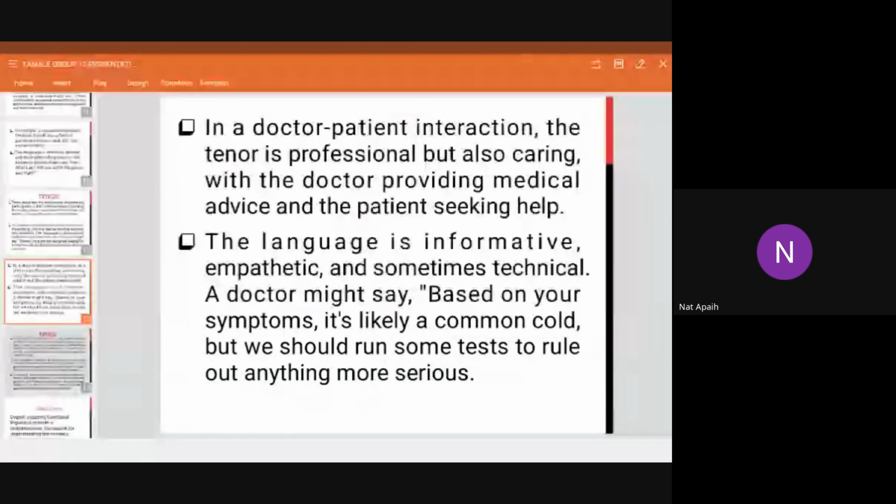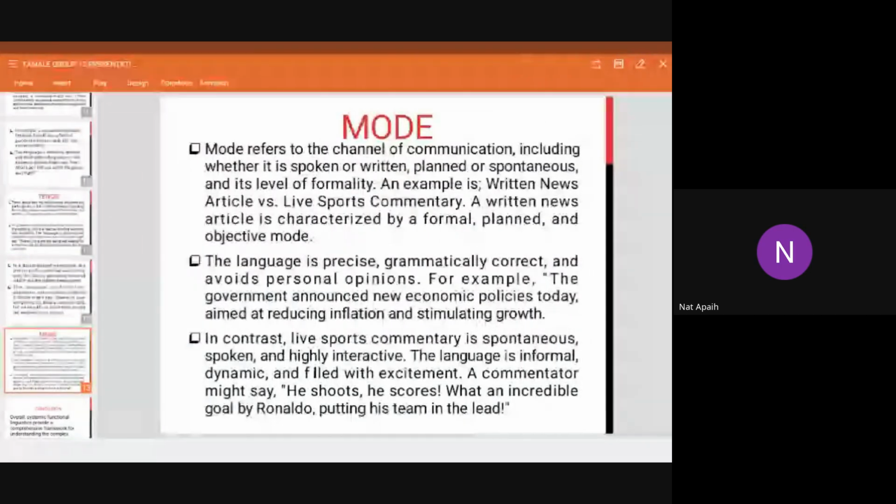Now let's go further to look at the last one, which is the mode. The mode refers to the channel of communication. The channel through which the communication is done also influences the choice of words. This might include whether it is spoken or written language, whether it is planned or spontaneous, and its level of formality.